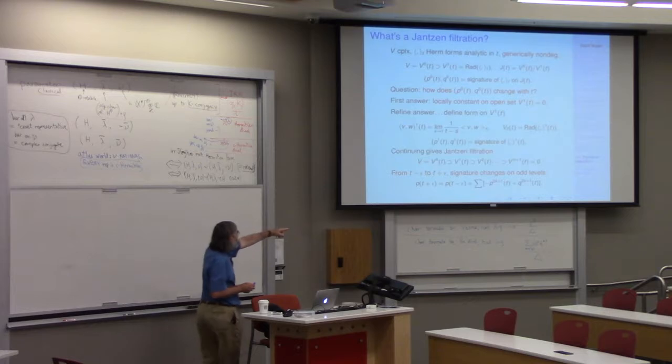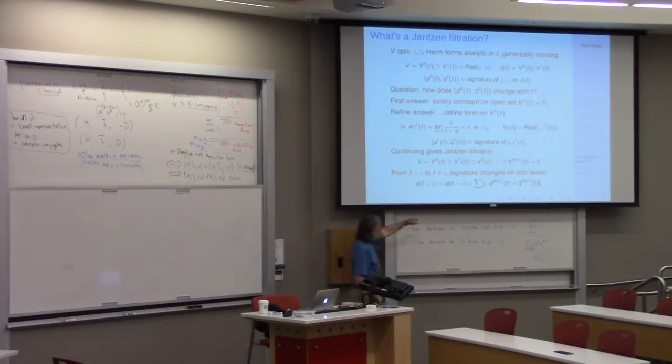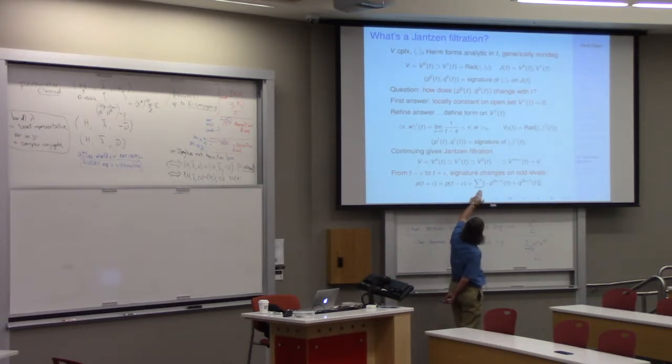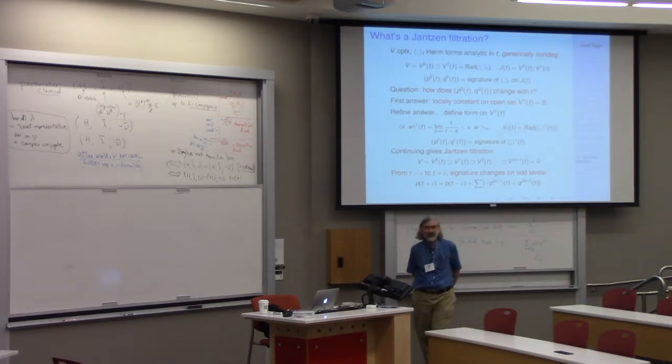Yes, this is the sum over all K, here. All the odd levels contribute something. This is the sum from K is 0 to infinity. Well, it really only goes up to some finite place.